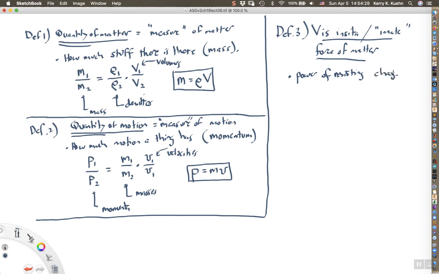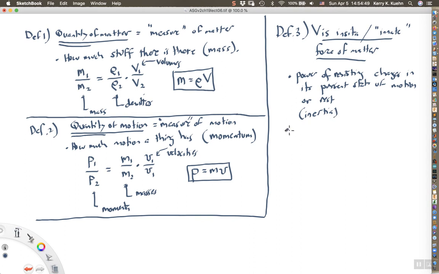changes in its present state of motion or rest. This is what we today would call the inertia of an object.